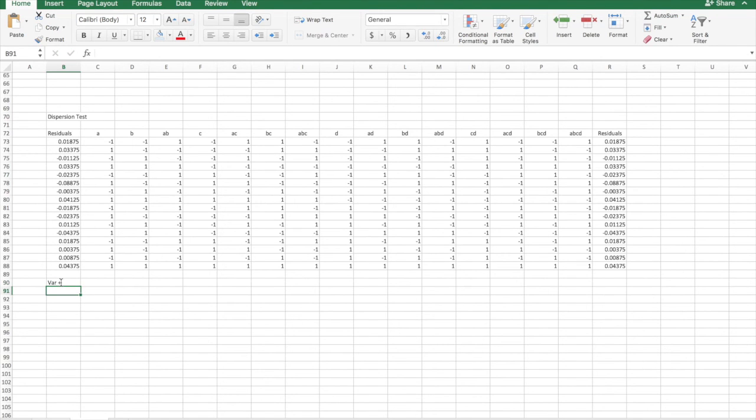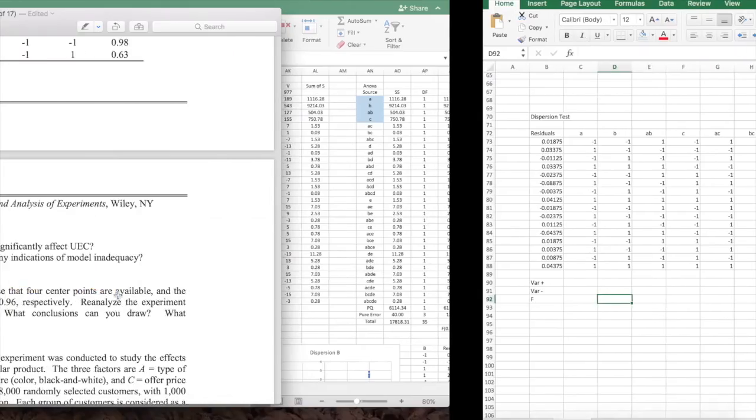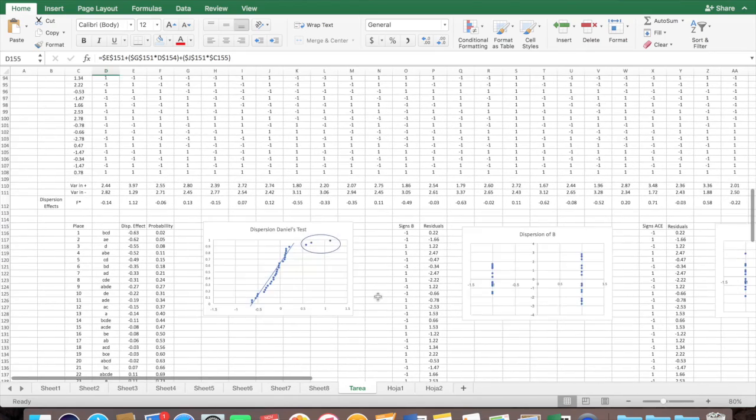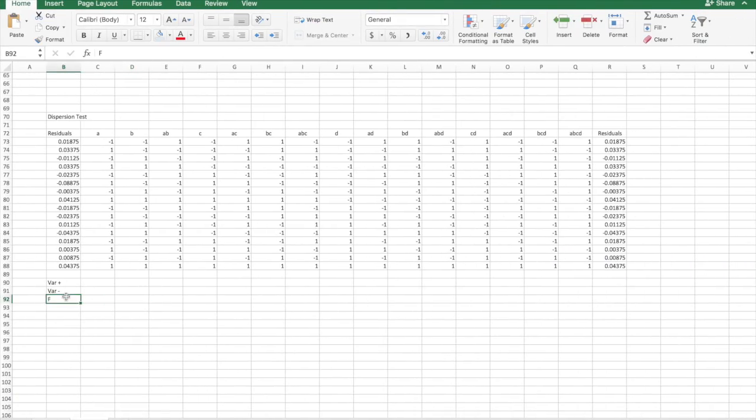We're going to calculate the variance when the variable is low, and then we're going to calculate the F. Just hold on, I'm going to make sure it's called F. Yes, the F asterisk. Indeed, the F asterisks are going to be the dispersion effects.